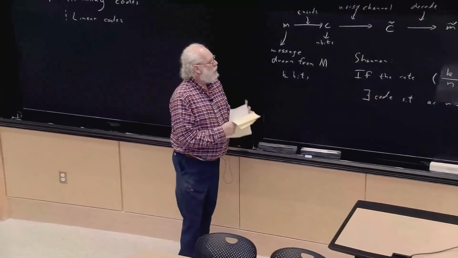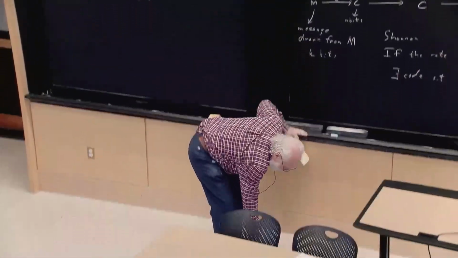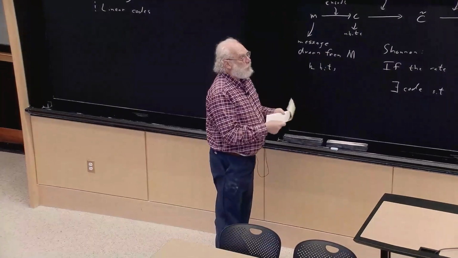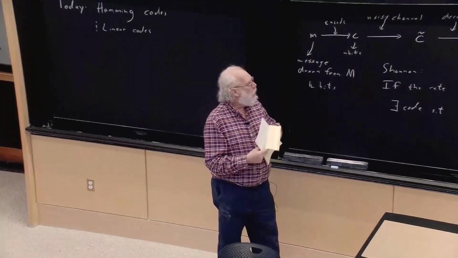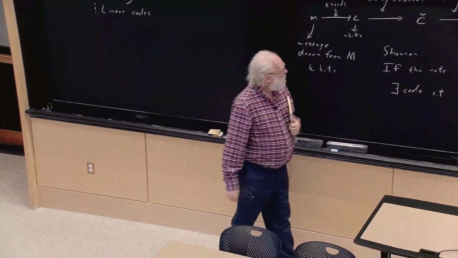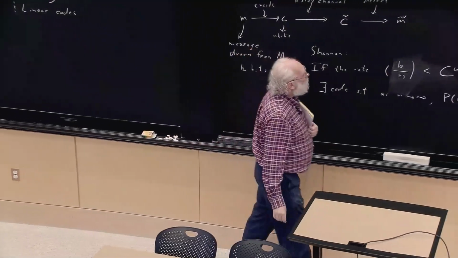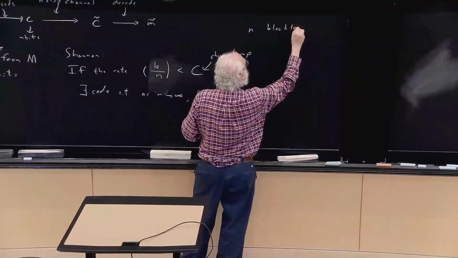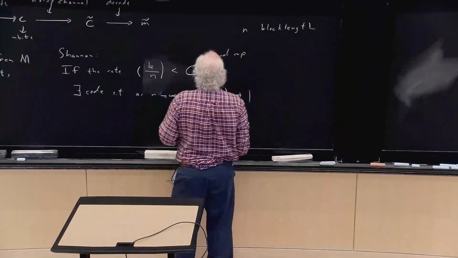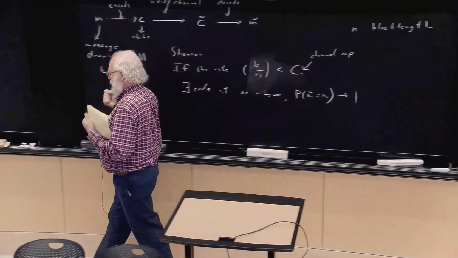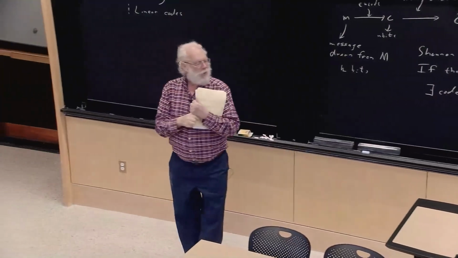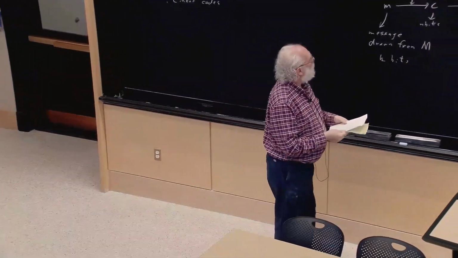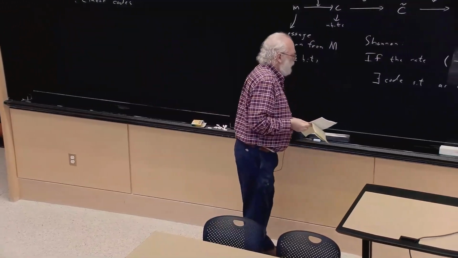So in the limit of long block lengths, I don't know how much coding theory terminology Ankur used, but n is called the block length. Then the error rate goes to 0. So that is the noisy channel coding theorem.